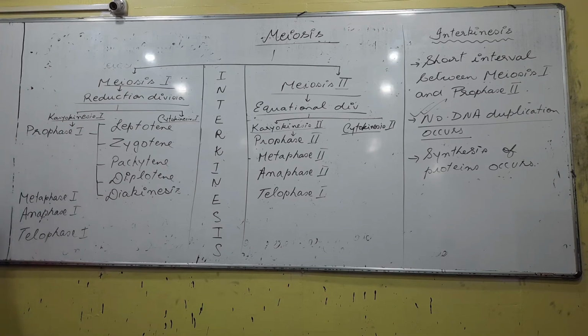So, when we talk about meiosis 1 and meiosis 2, since one cell will produce 4 daughter cells, we have 2 cytokinesis, cytokinesis 1 and cytokinesis 2. I think the chart is clear, right?